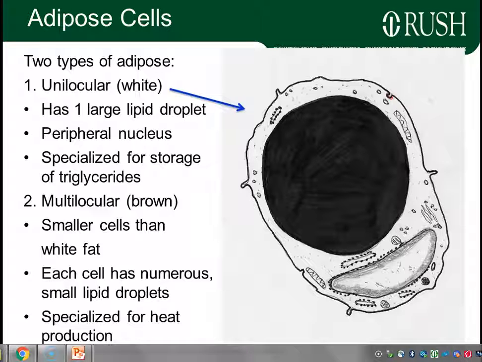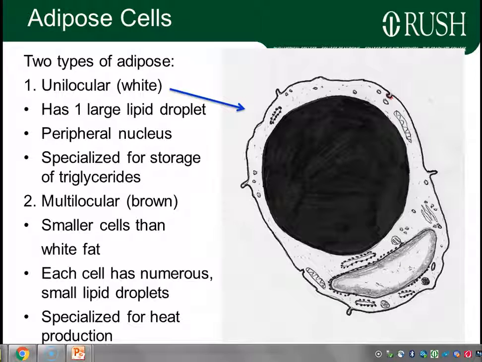The second resident cell is called the adipose cell, or the fat cell. This comes in two types, unilocular or white fat, and multilocular or brown fat. Unilocular is actually quite abundant. It has a white appearance grossly in unfixed tissue.